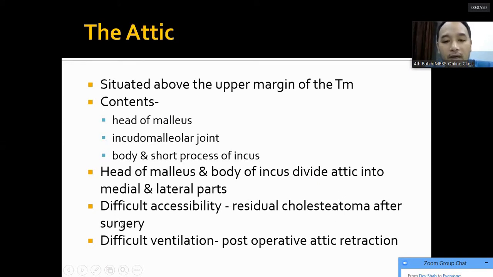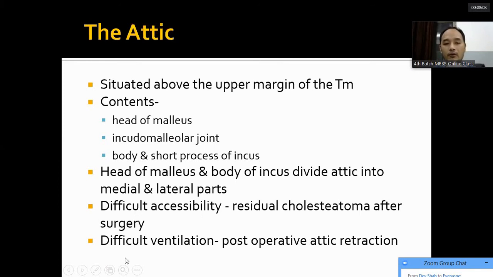Because the head of the Malleus and body of the Incus occupy most of the space of the attic, this epitympanic cavity area is difficult to access, so there might be residual disease after surgery. So the attic is the difficult part for the surgery.